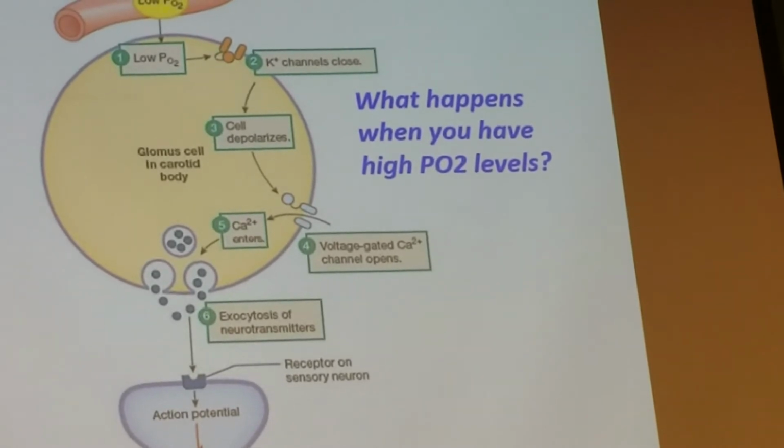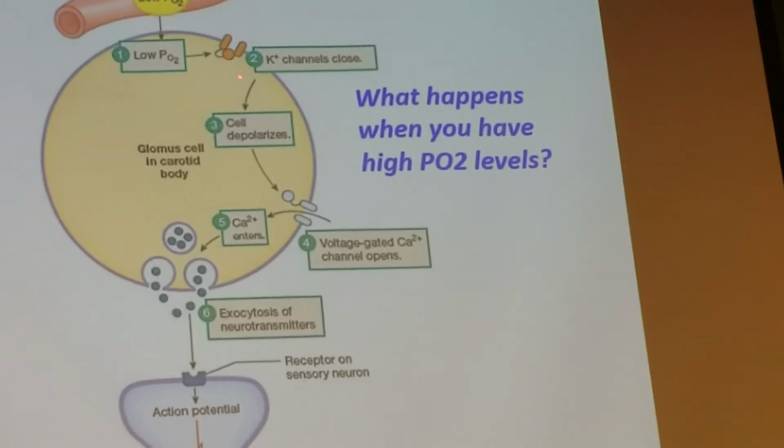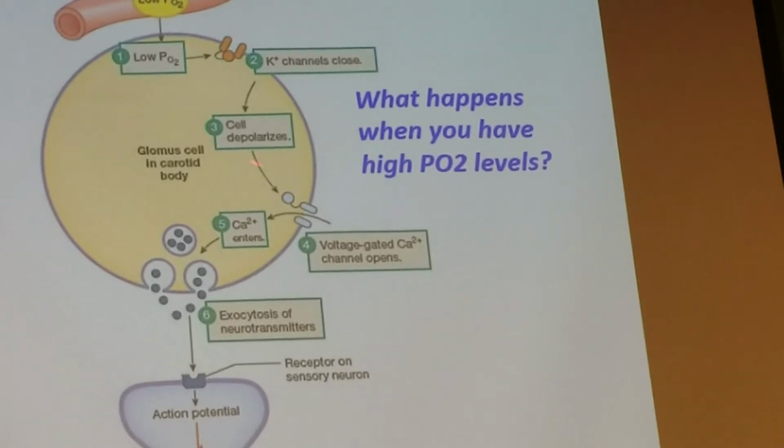That's going to cause them to breathe slower, because the more O2 you give them, the more those channels open up. The more potassium leaves, the more negative the membrane becomes. And the more negative it becomes, the more of those calcium channels close. They don't open. So there's less calcium coming in, there's less neurotransmitters released, respiration rate's lower. So the more O2 you give, the slower they breathe.